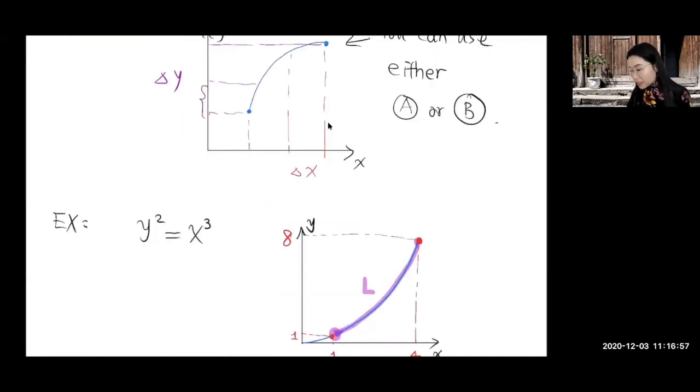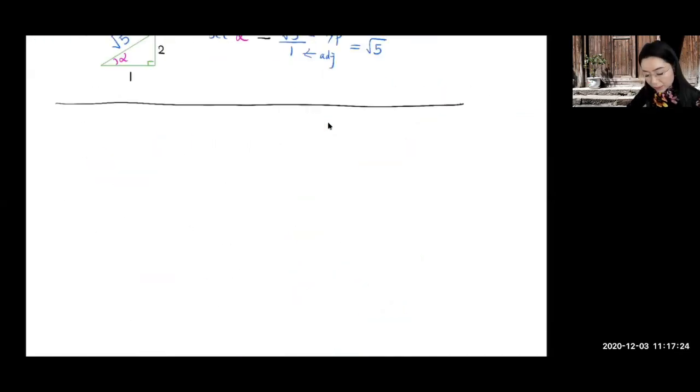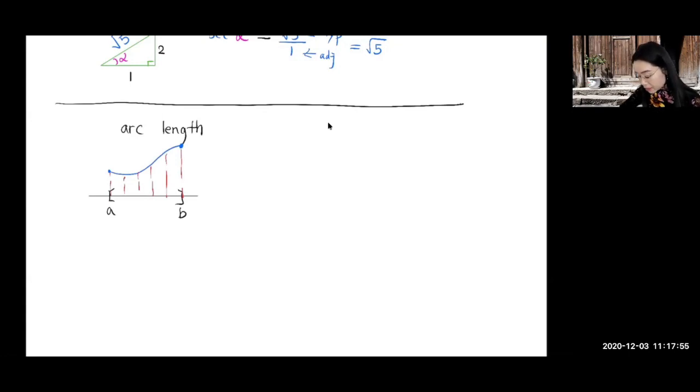Okay, so we did some examples last time. Today we have this arc length formula. So you have this curve from a to b, and we have this arc right here. If you slice it this way, then this arc length, let's call it L, is equal to this integral with a dx over here.